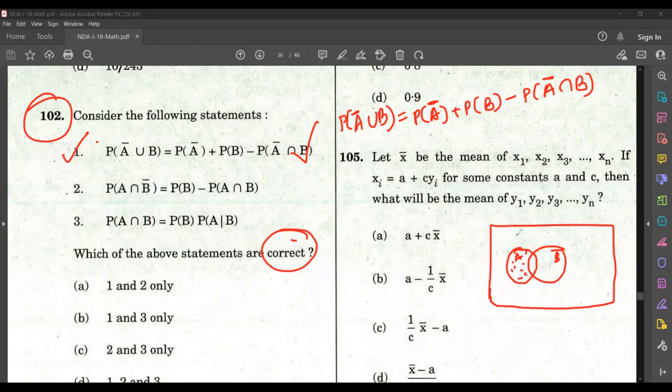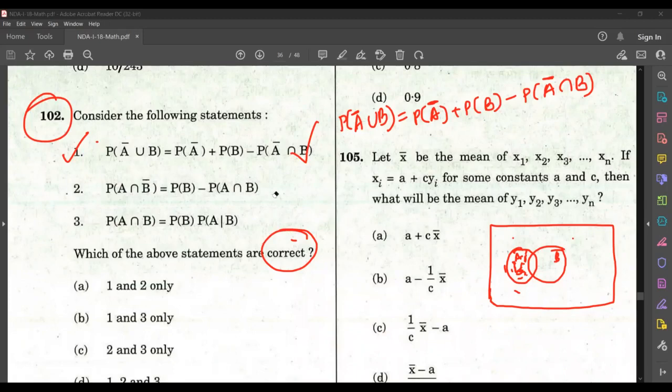B complement means this entire thing. So A intersection B complement will be this much portion. Now what is that? That is P of B minus P of A intersection B. Is that correct?